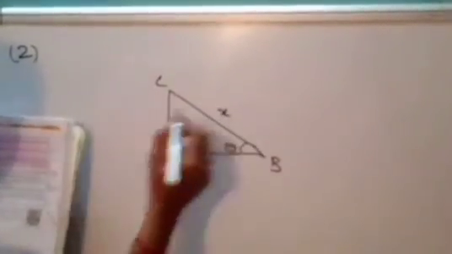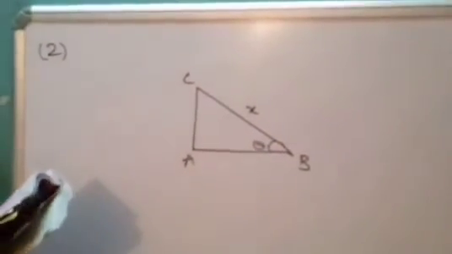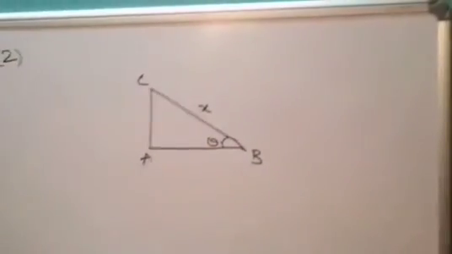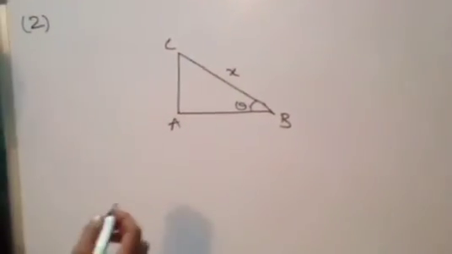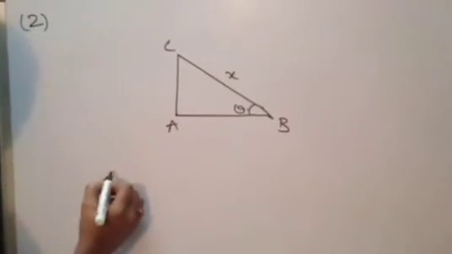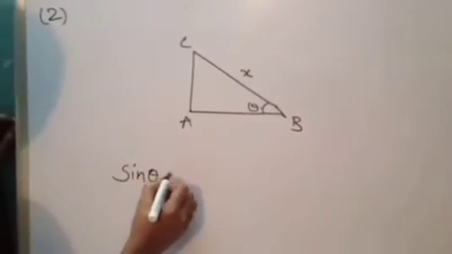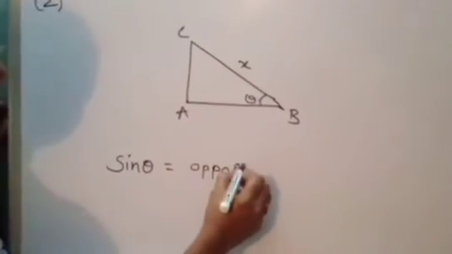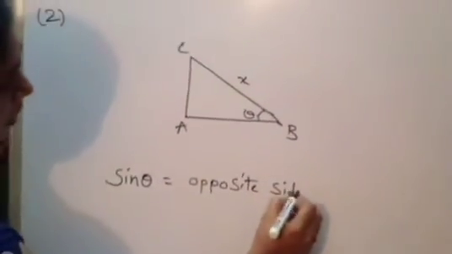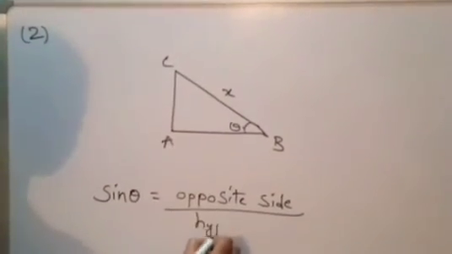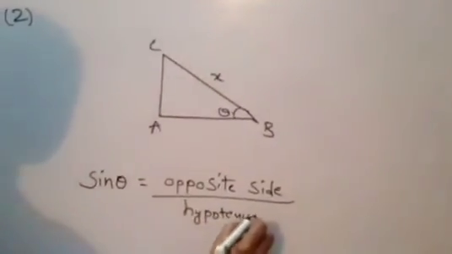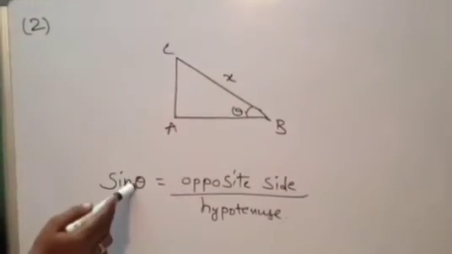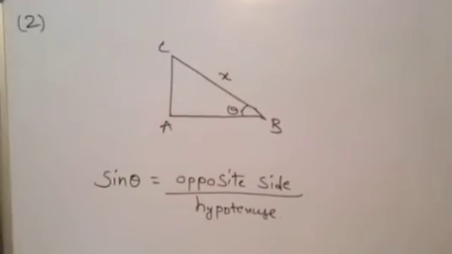Ladder is x. Ladder of length x meters. Which trigonometric ratio to find the height of the wall? We use sin theta. Sin theta equal to opposite side by hypotenuse. In this problem, by using sin theta we find the height of the wall.